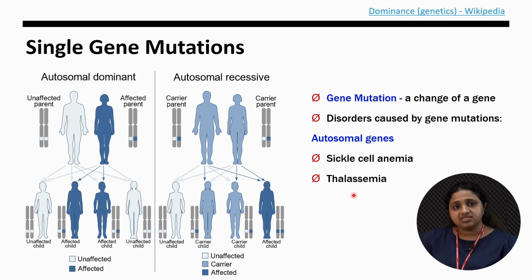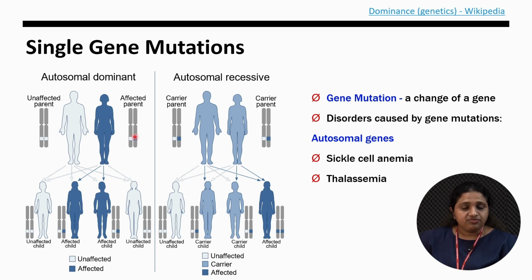There are 2 ways that autosomal hereditary diseases can be passed on. One way is autosomal dominant, one way is autosomal recessive. Autosomal dominant means the change happens in the dominant gene in the autosomes. So let's say this is the dominant gene and the dominant gene is changed in the mother.